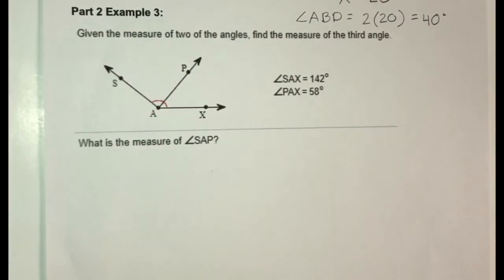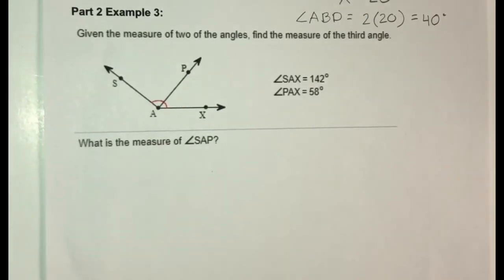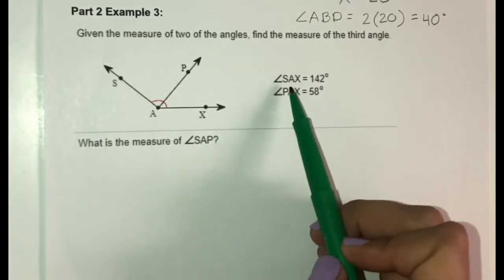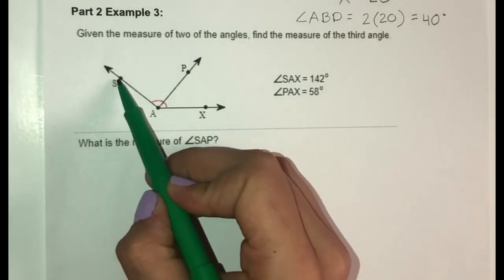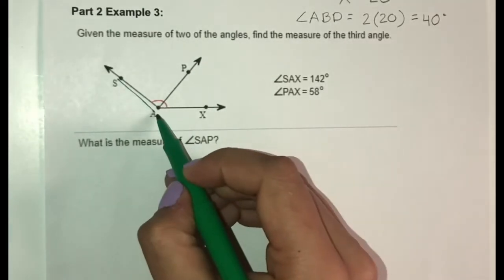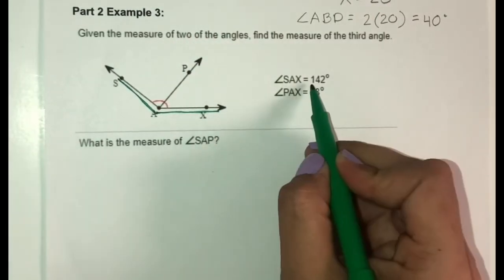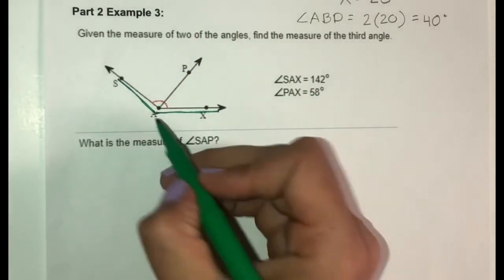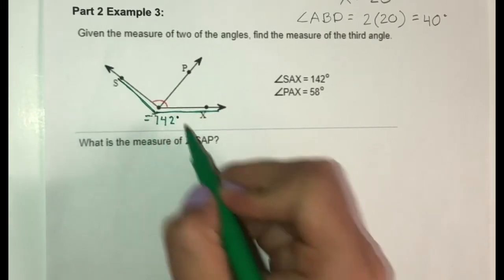Part 2, example 3. Given the measure of two of the angles, find the measure of the third angle. We're going to work a little bit differently in this last example. They tell us angle SAX, this angle, is equal to 142 degrees.